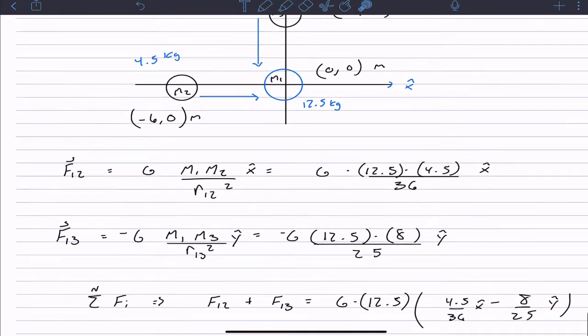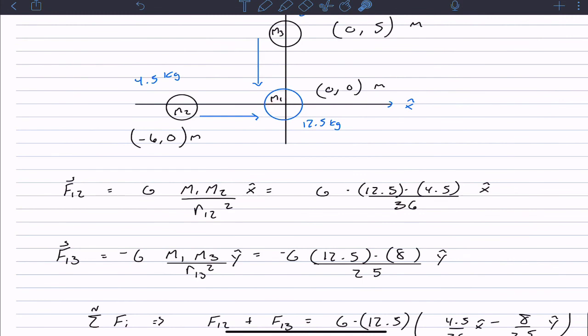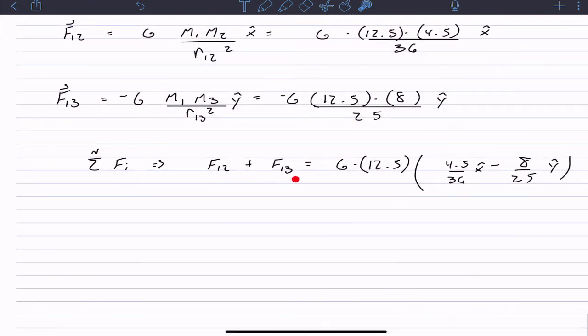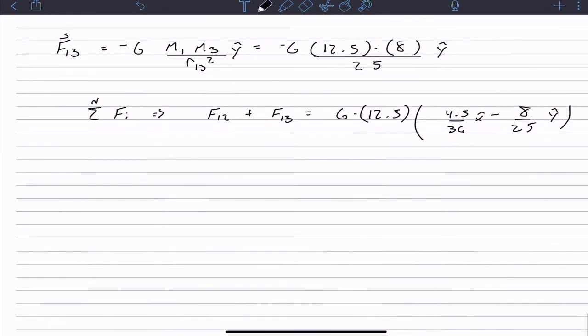To be clear, F12 is in the positive x hat direction, and F13 is going in the negative y hat direction. So when we add them both up, we get positive x hat, negative y hat.